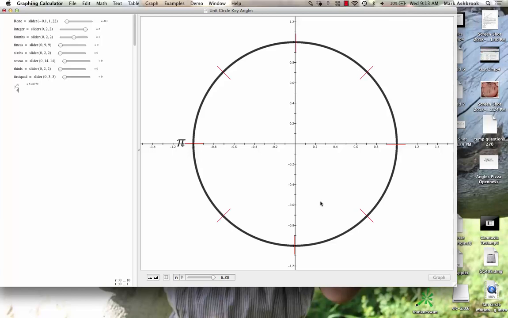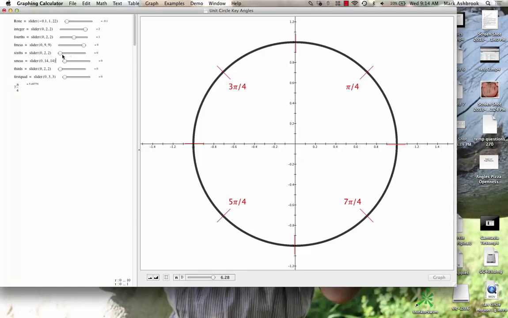You just count around the circle in pi over fourths. 1, 2, 3, 4, 5, 6, 7, 8. And then that gives us 4 new angles, the ones that split the quadrants in half: pi over 4, 3 pi over 4, 5 pi over 4, 7 pi over 4.